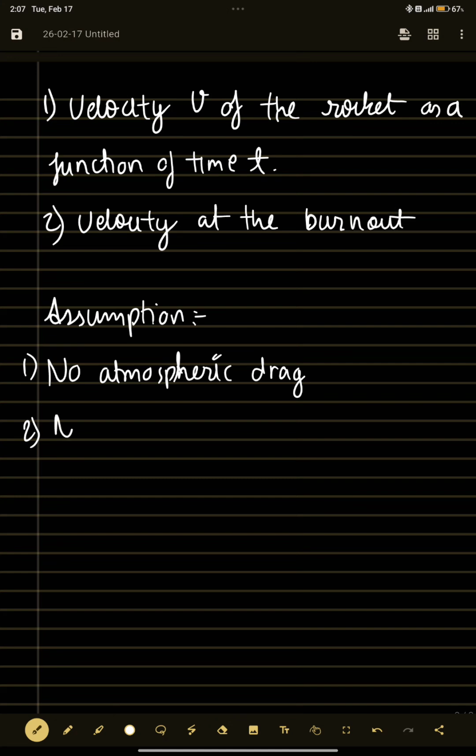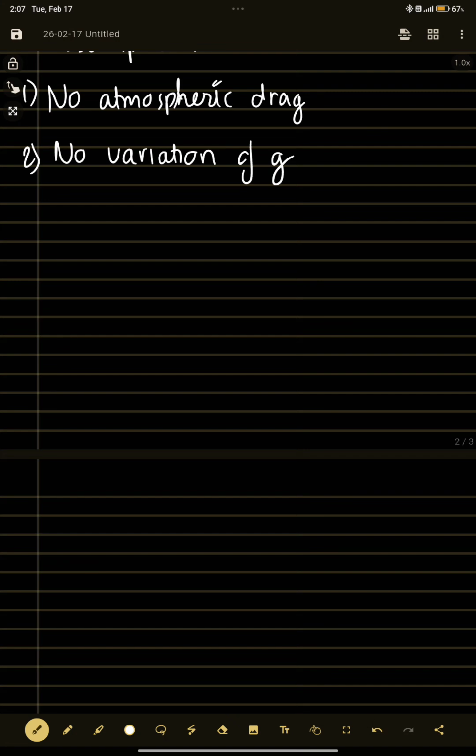In the central force problem, if you remember, for normal launching, you launch at a certain location, and after the powered flight, when all fuel is exhausted, at that time the velocity vector is parallel to the surface of the earth.